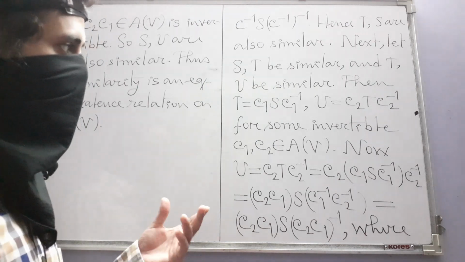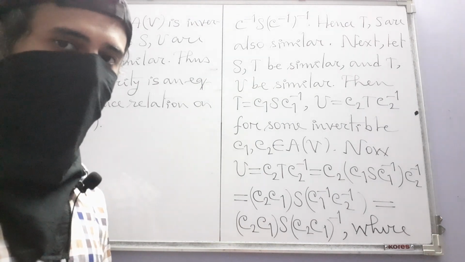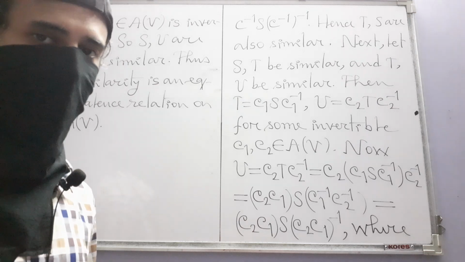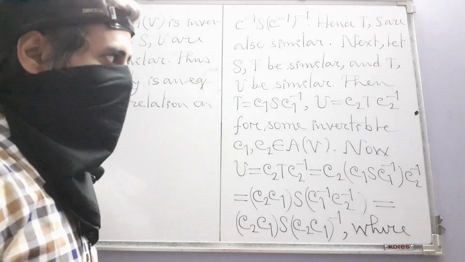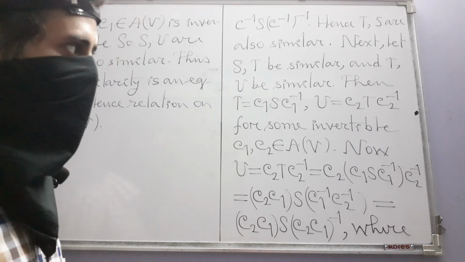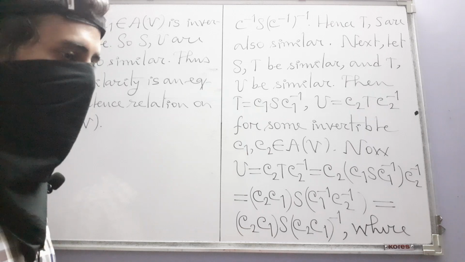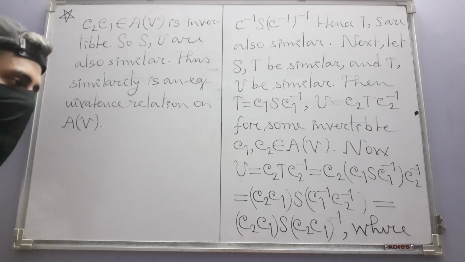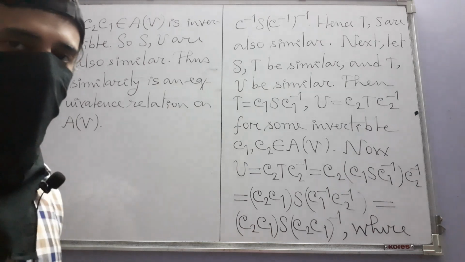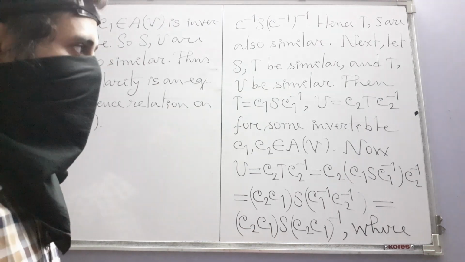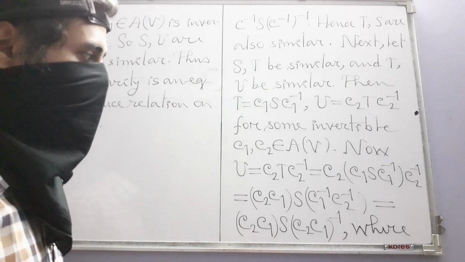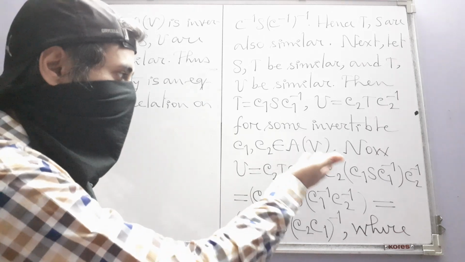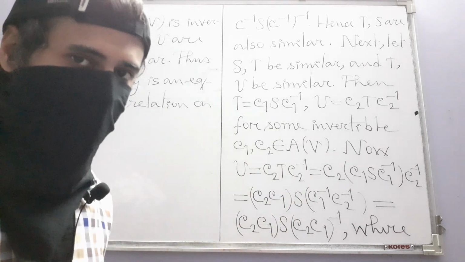Looking at the form of this relation, form of the relation means its definition. It seems like similarity is almost like the conjugacy relation in a group. But beware, it's not exactly conjugacy, because all the elements in the algebra do not form a group under multiplication.